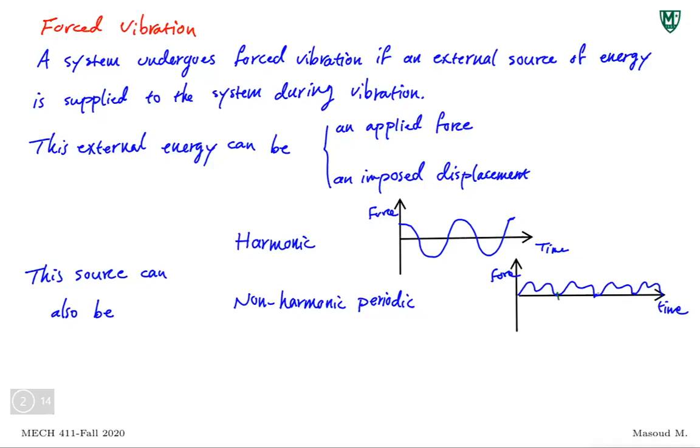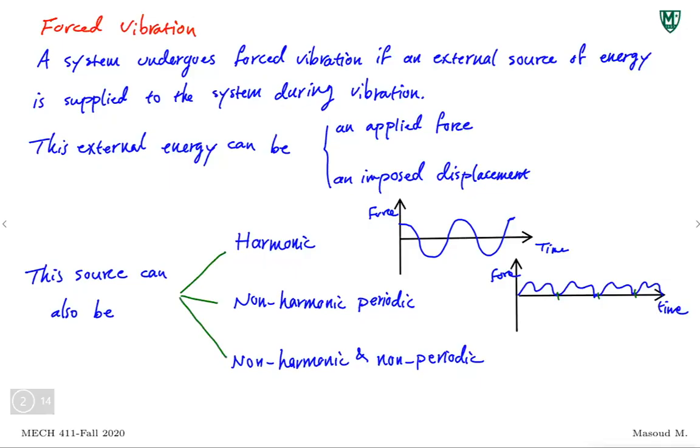One period here, another period, it just repeats itself. It's an example of non-harmonic but periodic force. The more general one would be a type of force that is non-harmonic and non-periodic. These are possible excitations that you can have in your system.